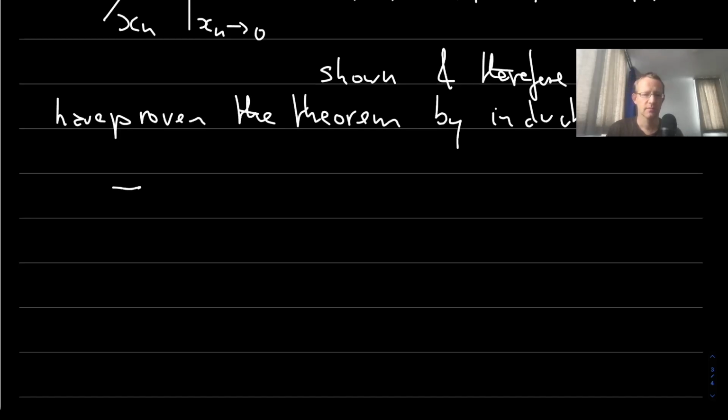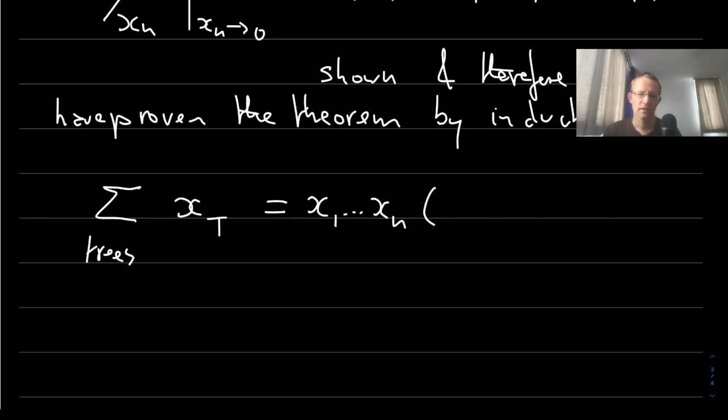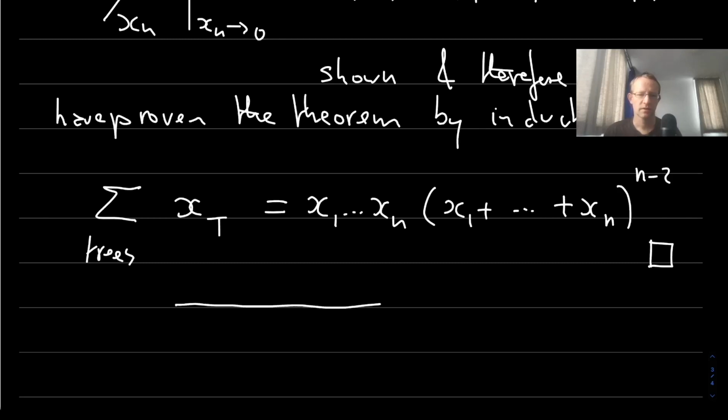That the sum over all spanning trees of the monomials associated to the tree is nothing but this product times this sum to the power n minus 2. And this turns out to be a useful combinatorial theorem.